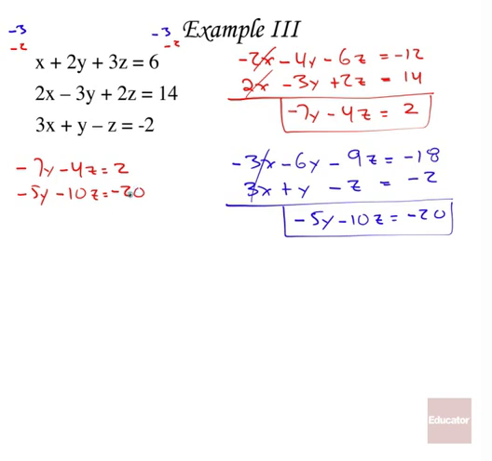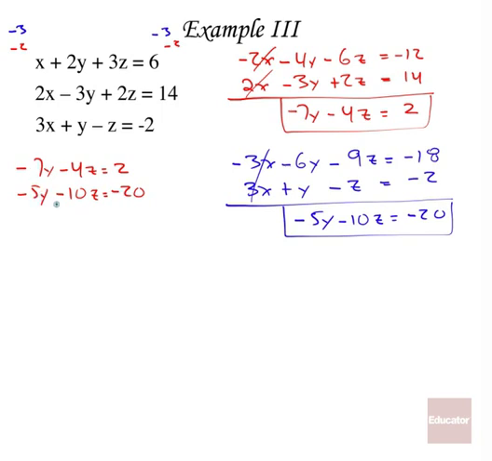Good. So now we have a little bit of a choice to make. Do we eliminate the y or do we eliminate the z? Again, it's a personal choice. I'm going to eliminate the y for no other reason than I'm just going to work from left to right. Not a problem. So I need the y's to disappear, and they're both negative.